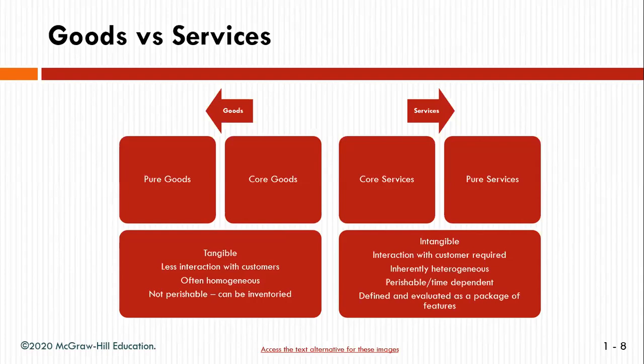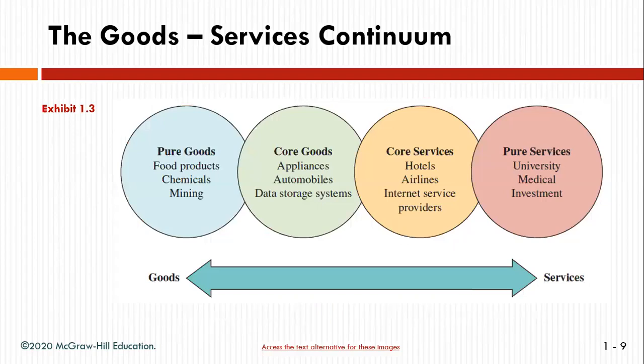Now, as we said, pure goods, food products, chemical, mining, they're all homogeneous and similar. Now you get the core goods: appliances, automobiles, data storage systems. They're selling you a good, but some service comes as support behind it.